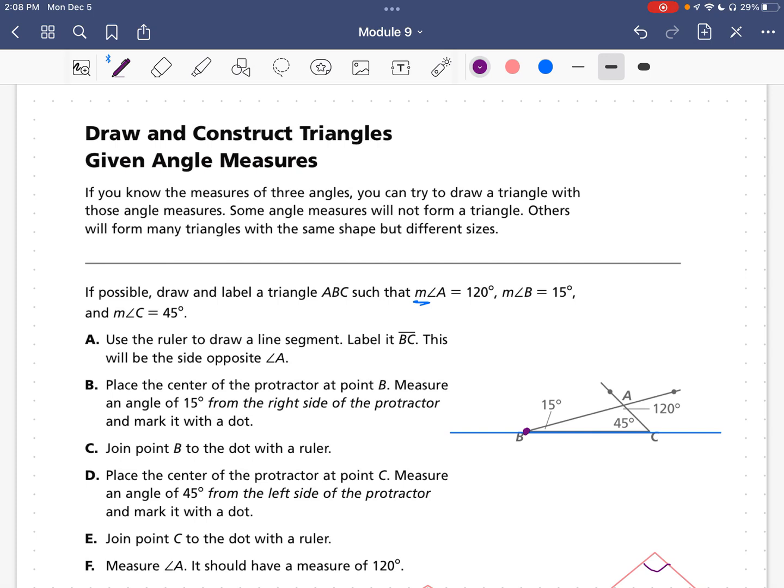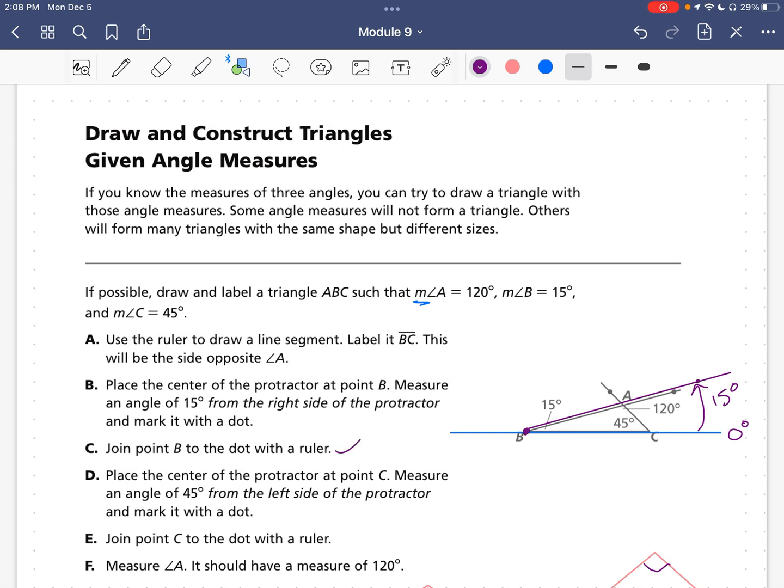And then you're going to measure up, so this is 0, you're going to measure up 15 degrees and make your line. So sometimes I do a dot at my 15 degree mark, and then I get my ruler out and do a nice straight line through that dot.